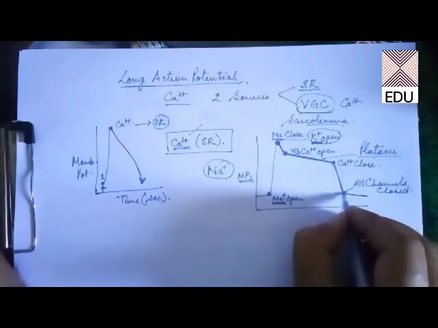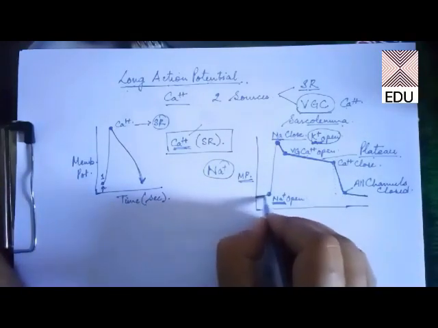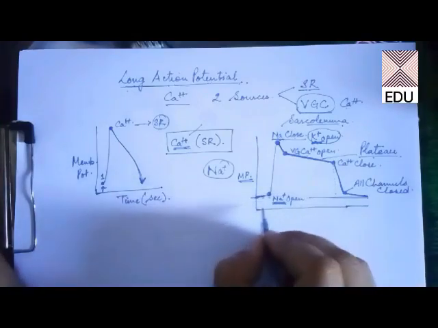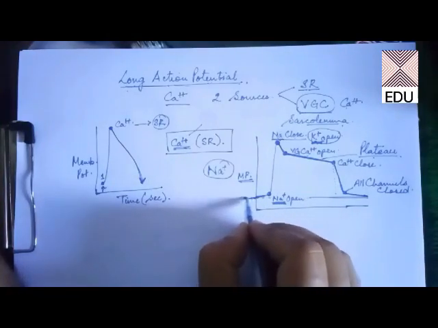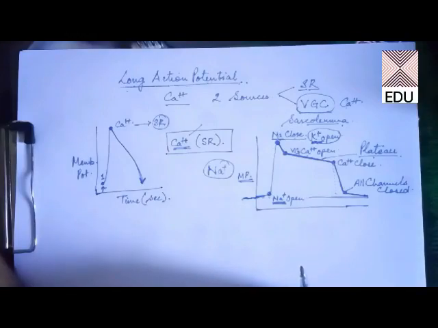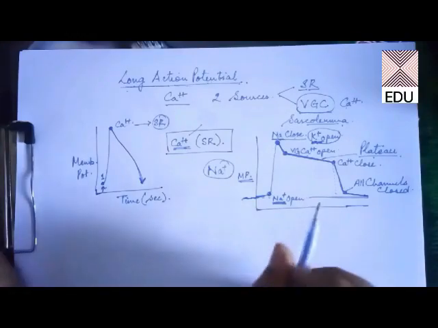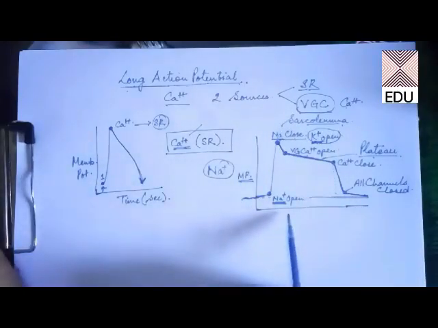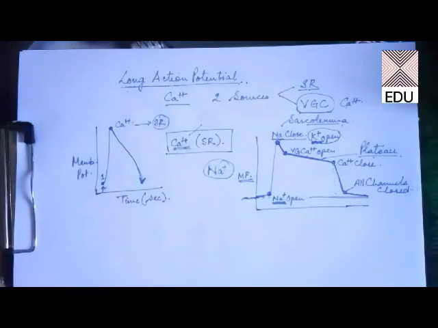So that's why the membrane potential comes to the same level from which it started. If you know this particular graph, then you can discuss the long action potentials in the cardiac muscle cells.